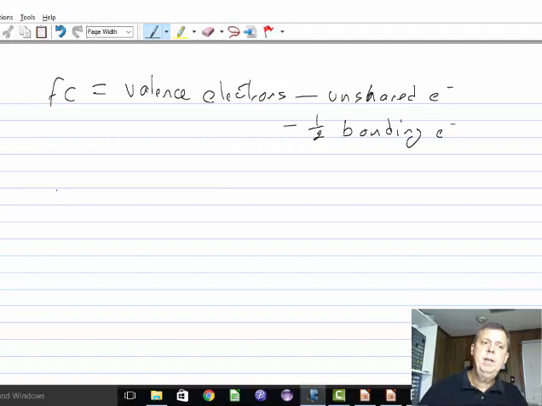Again, I should stress this is formal charge for each atom, not for the overall molecule or ion. You also see it abbreviated as valence electrons minus unshared electrons minus 1/2 of the bonding electrons.